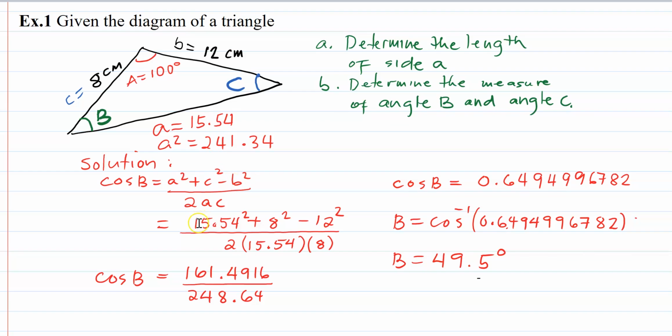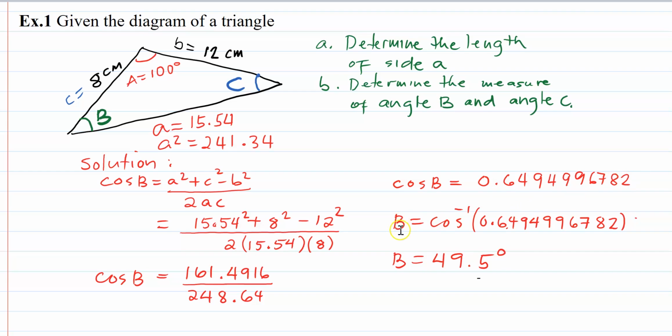We have 15.54 squared plus 8 squared minus 12 squared divided by 2 times 15.54 times 8. So the result is cosine of B is equal to 161.4916 over 248.64.